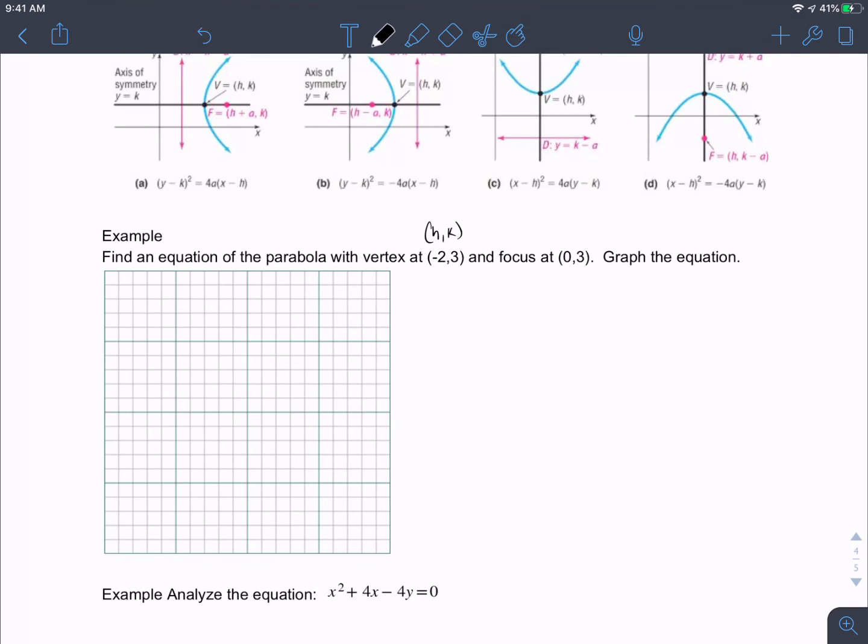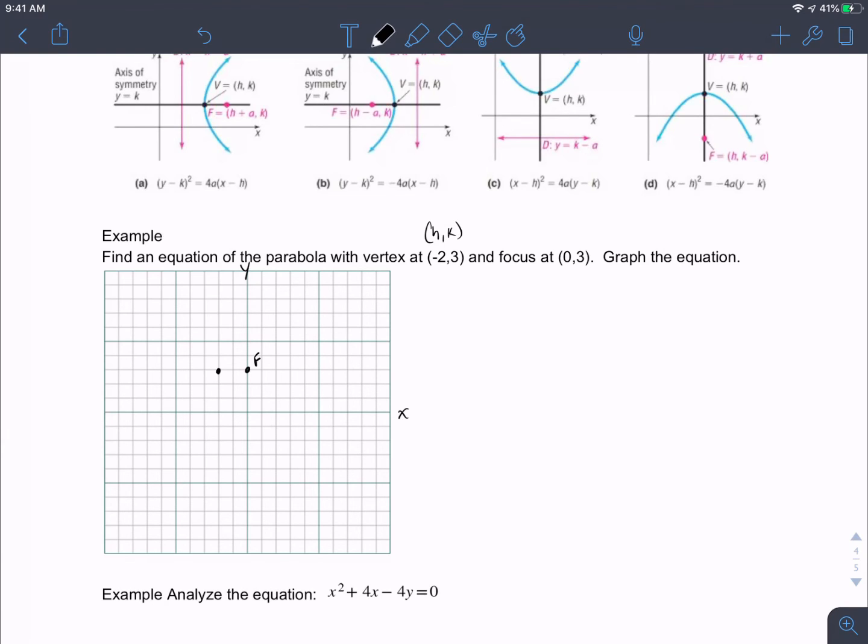So let me just plot these points so I can get an idea. Negative 2, 3. So if this is the x-axis, this is the y-axis, negative 2, 3 is right here. And it tells me that the focus is at 0, 3. So if that's the focus, this thing's opening to the right.